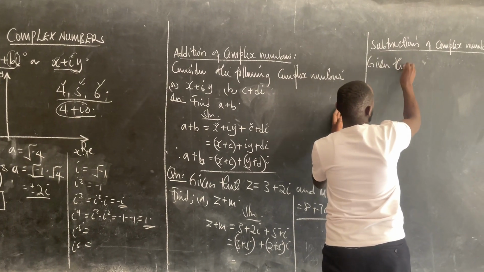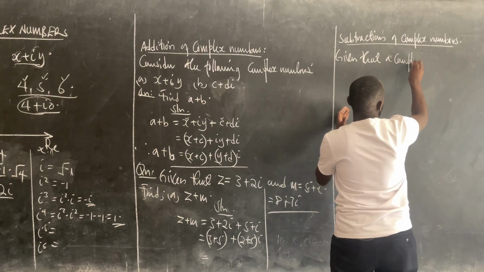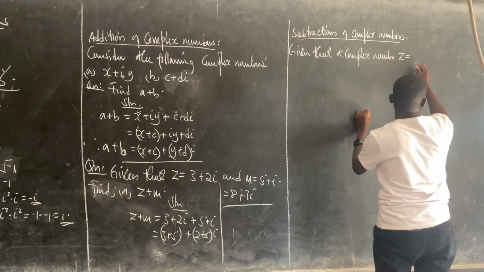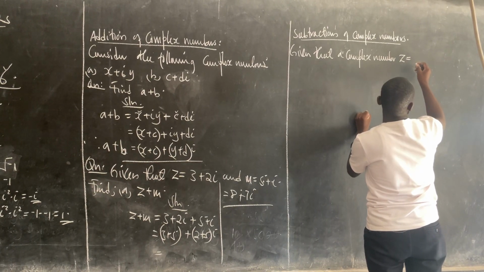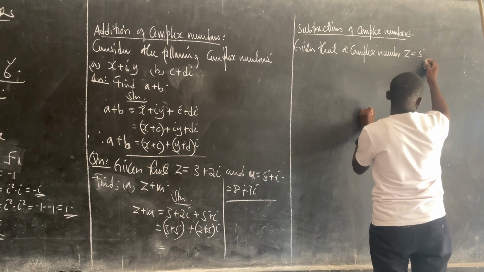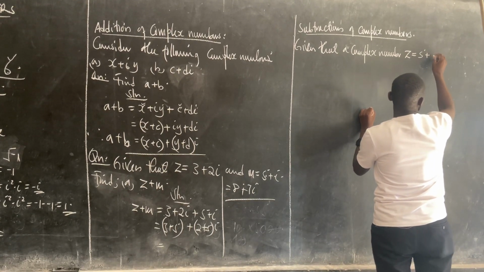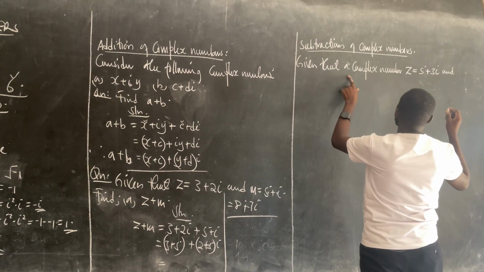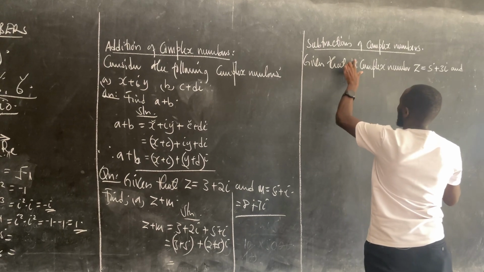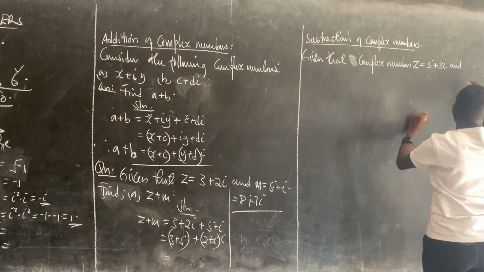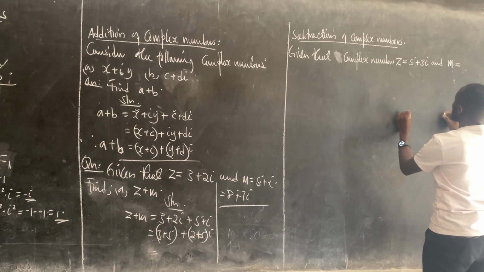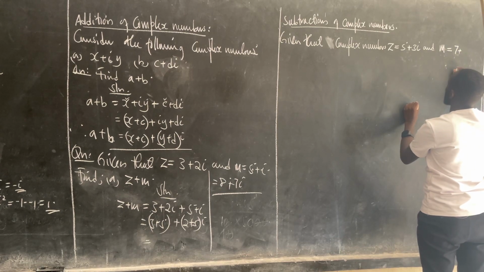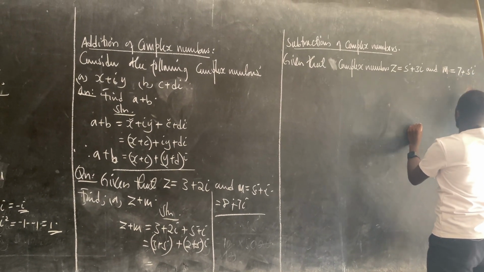Given complex numbers, z equals 5 plus 3i, and m equals 7 plus 5i.